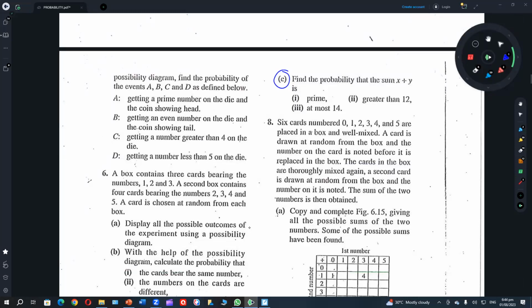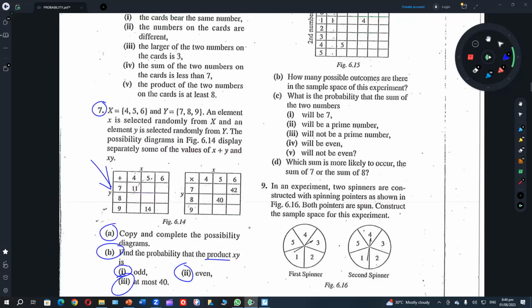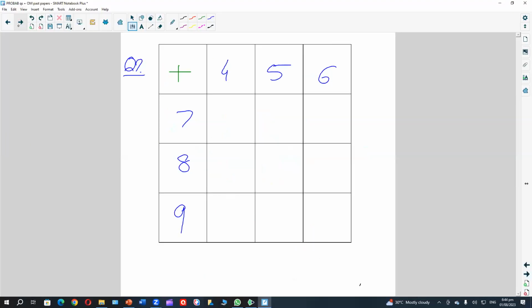I think you have already filled this table. You just have to answer the parts. A: prime numbers. You have already filled that table. I showed you the table. Compare the table.